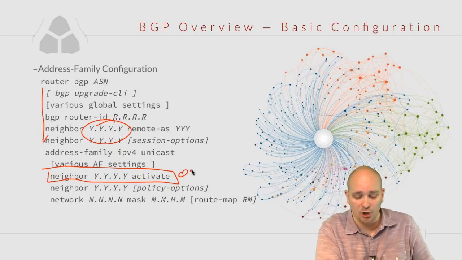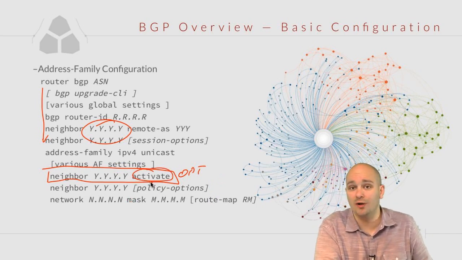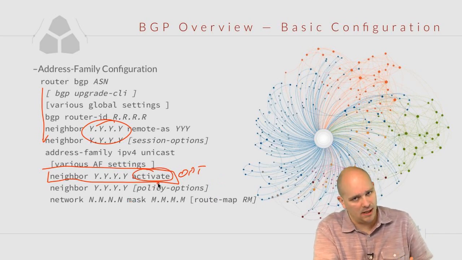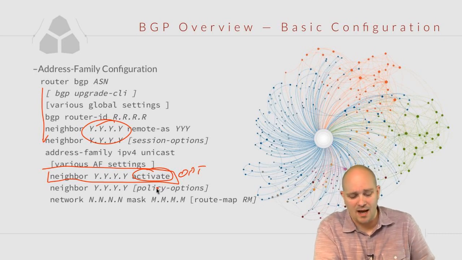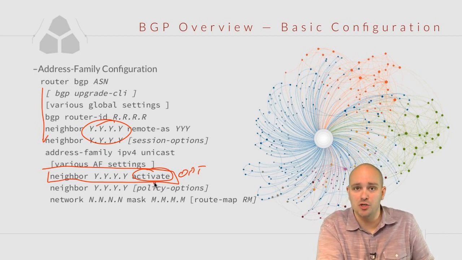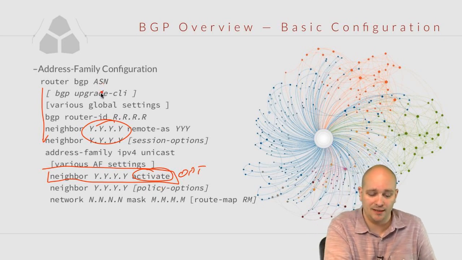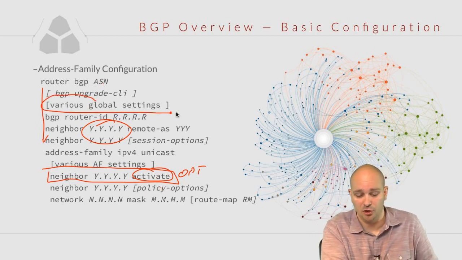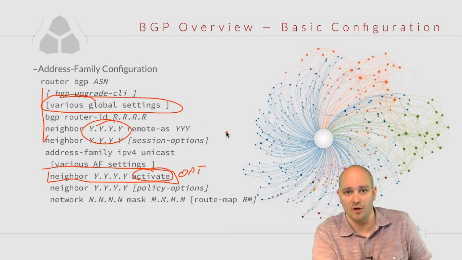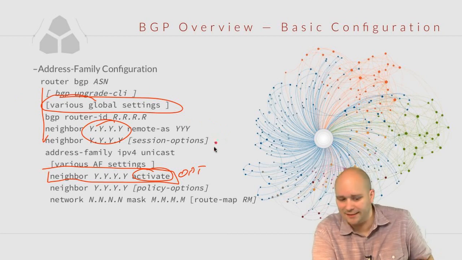So this command here is optional, and you will see it in the configuration, but you don't actually have to type it. I personally like to type it because that way I'm going to activate the neighbor even though BGP may have been configured not to activate these neighbors automatically, which is something that can be configured in this part of configuration here.